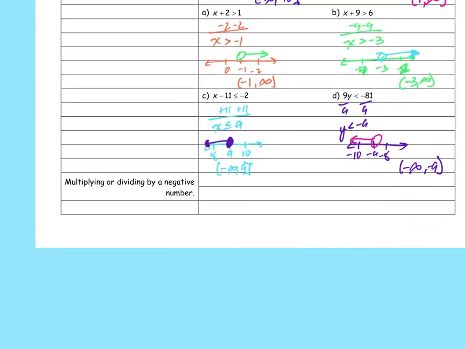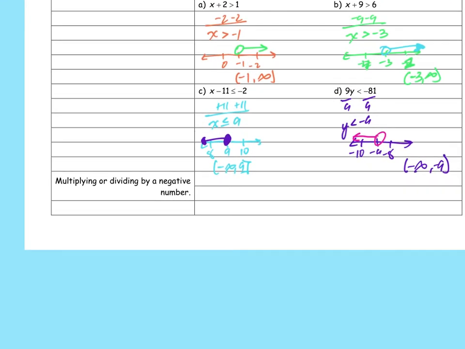So then we have a problem. The only difference from solving an equation and an inequality is if I multiply or divide by a negative number. Does anyone know what happens to my inequality sign when I have to multiply or divide by a negative number?